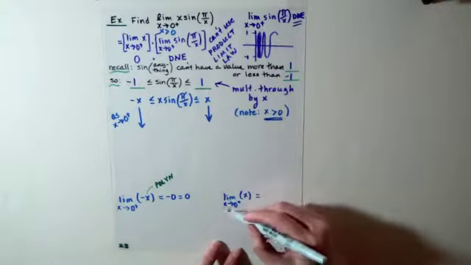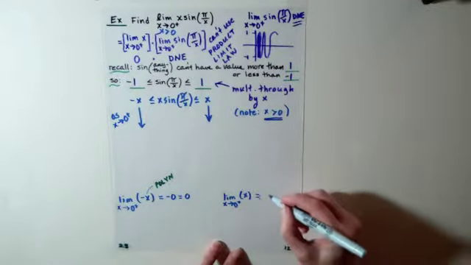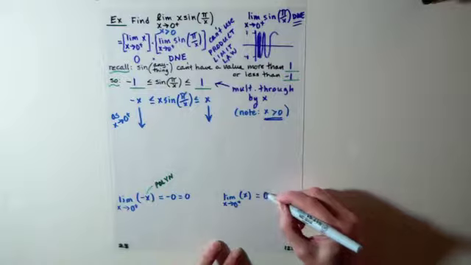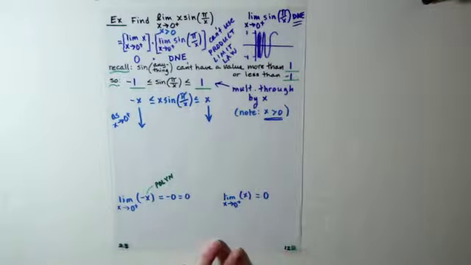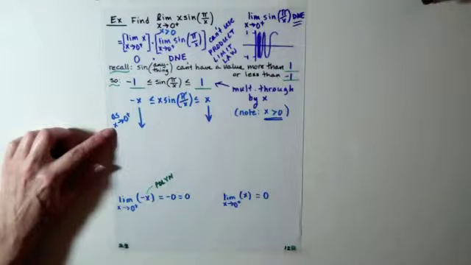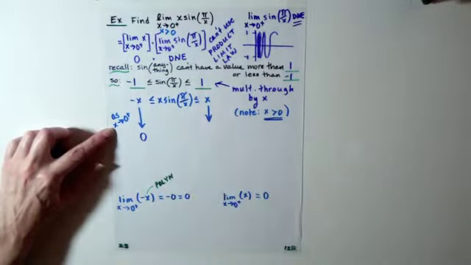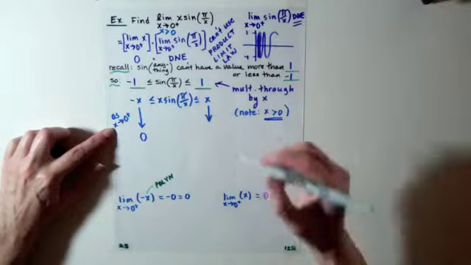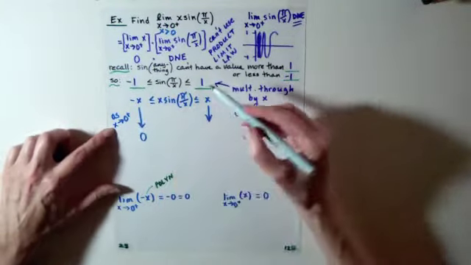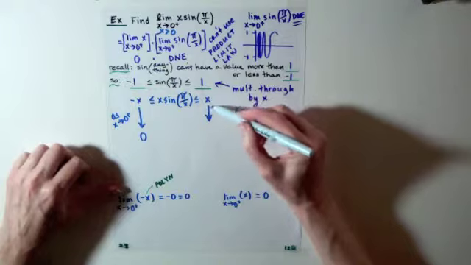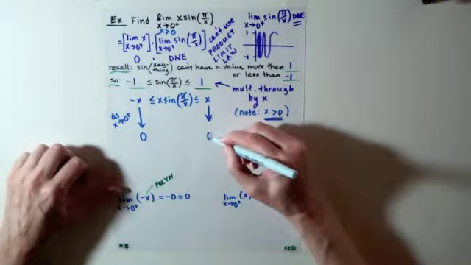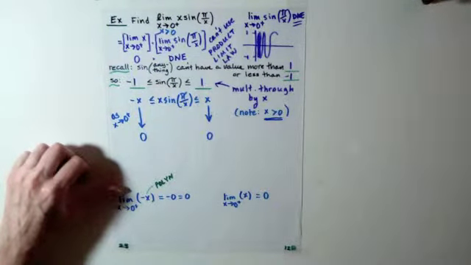So the limit as x approaches 0 from the right of x, I just replace x with the value it's approaching, and it is approaching the number 0. So as x approaches 0 from the right, this function is getting closer and closer to the number 0. And as x approaches 0 from the right, this function x is also getting closer and closer to a limit of 0.